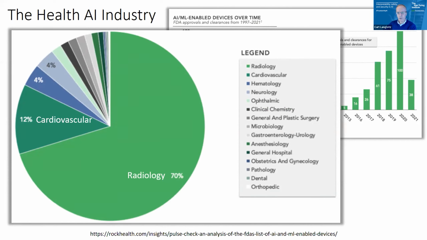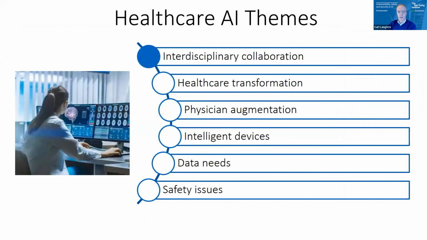So what I'd like to do in this presentation is to talk about some of the themes that you'll see as this industry makes an impact. And those are interdisciplinary collaboration, transformation of healthcare, not just in radiology, but beyond, physician augmentation, intelligent devices, data needs, and safety issues. So we'll spend a fair amount of time at the end talking about threats to safety.